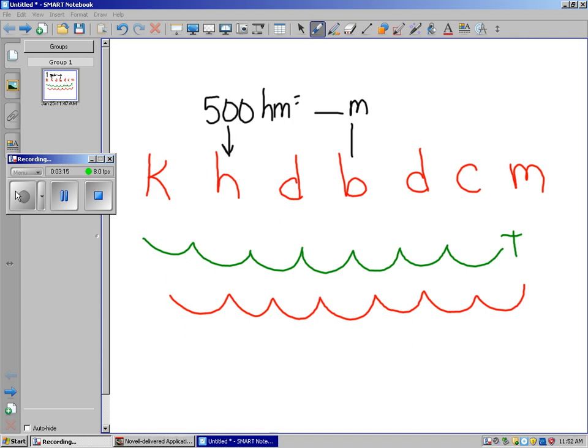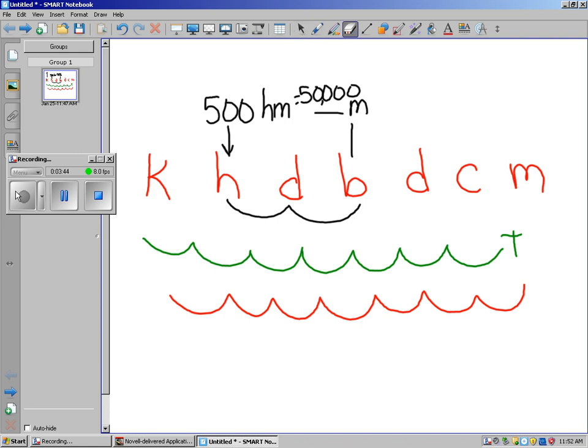How many places to the right am I moving? I'm moving 1, 2 places to the right. Since I'm moving to the right, I know I need to add numbers. Since I'm moving 2 places to the right, I need to add 2 numbers. So add the 2 numbers, 50,000 meters in 500 hectometers.